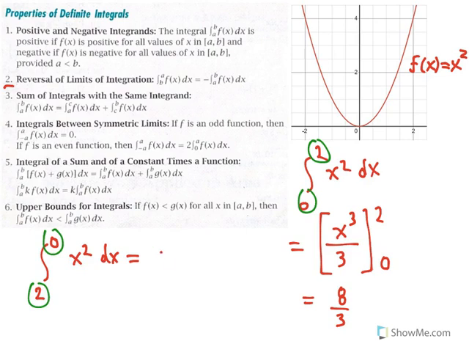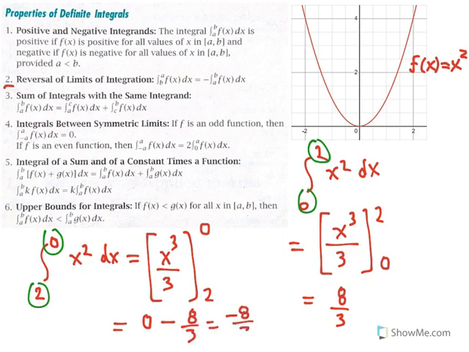Well, you have the same antiderivative because you have the same integrand. You will evaluate the antiderivative at the upper and lower limits of integration, and you will have 0 minus 8 over 3, which is, of course, negative 8 over 3.